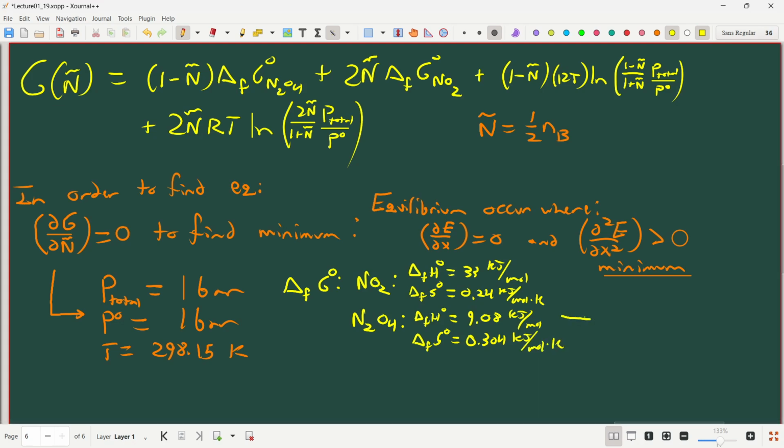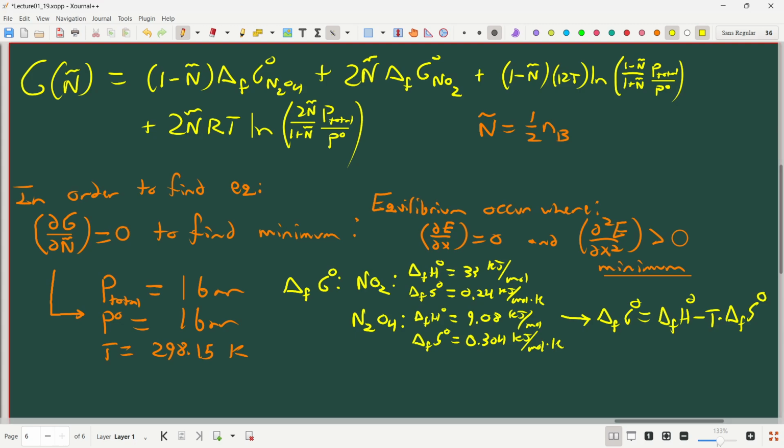And we of course can calculate delta G of formation as delta H of formation minus T times the entropy of formation at that temperature.